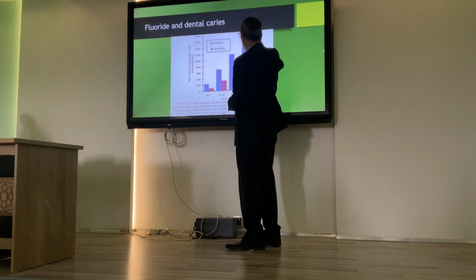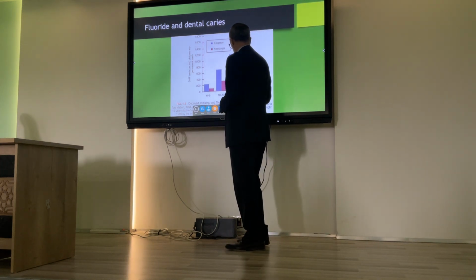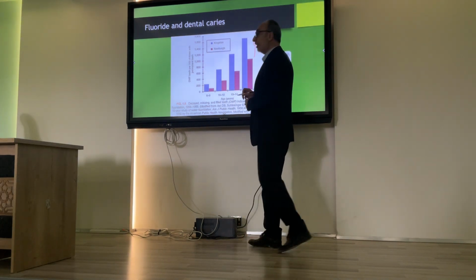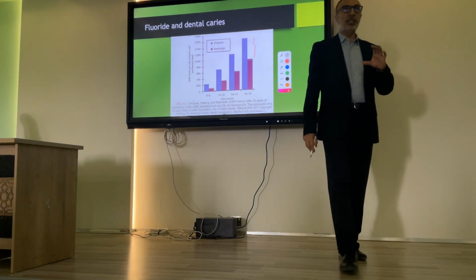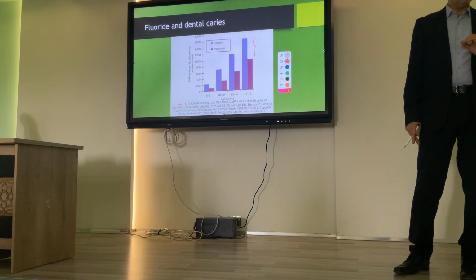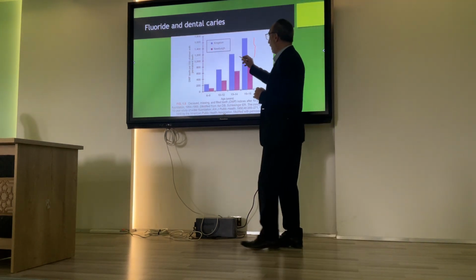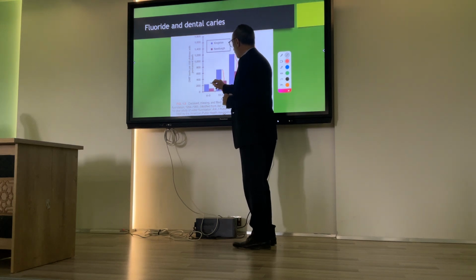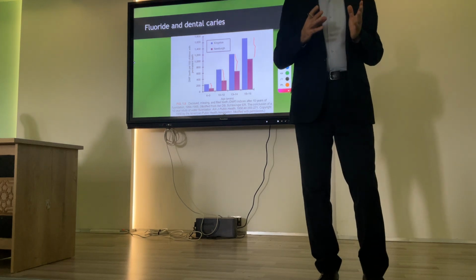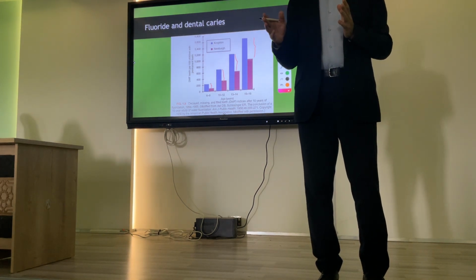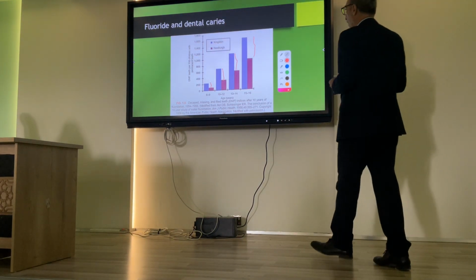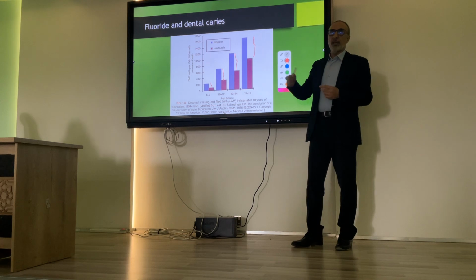So we can say that adding fluoride is responsible for reduction of about 6 or 7 decayed teeth in this age group. In younger age groups, the effect is less because fluoride had less time to exert its effect on the teeth health.